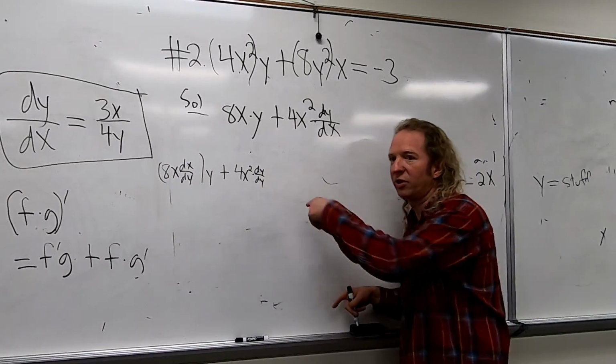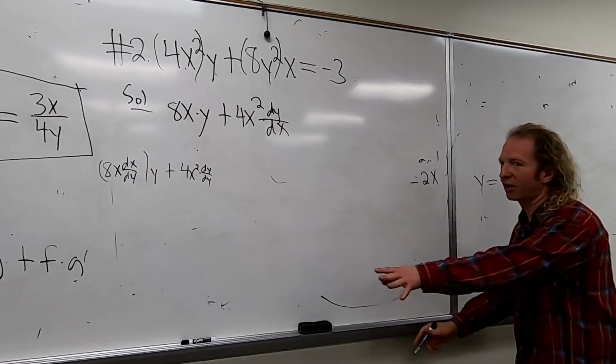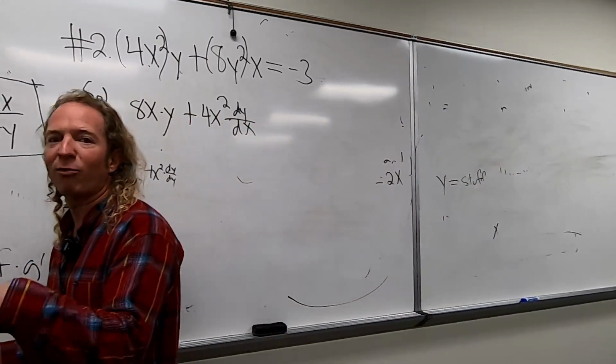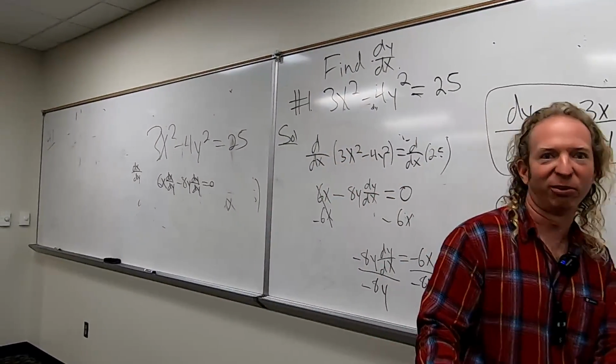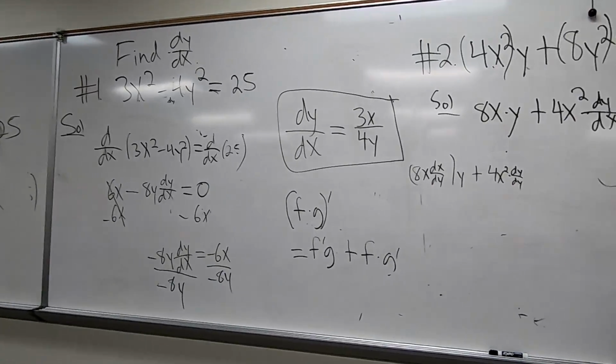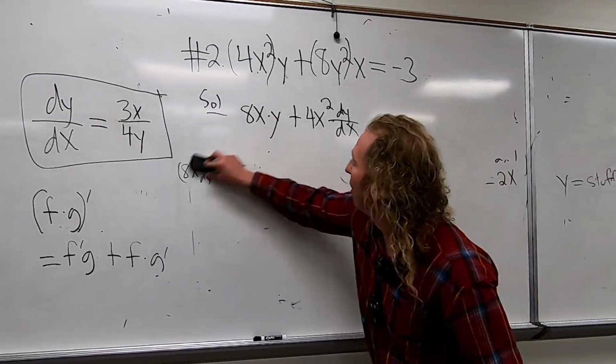That's if you were doing the other way. But we're not going to be doing that. In the next section, we'll have more variables, but the derivatives are really easy. It's the word problems that make it hard in the next section. Okay, so that's that one.